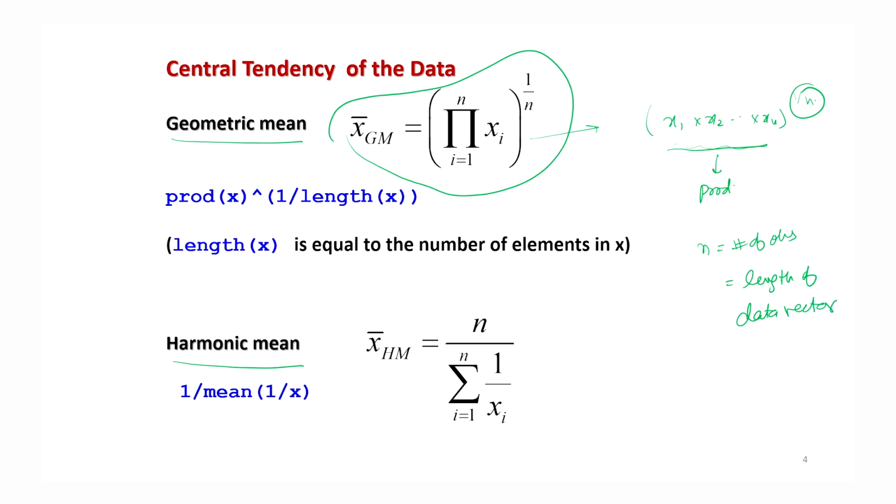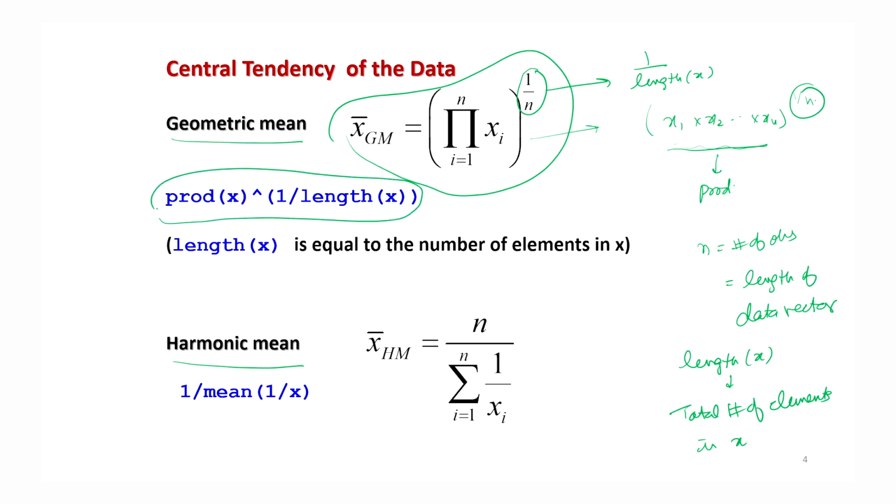There is a command in R called length, L-E-N-G-T-H, and if you write length(x), it will give you the total number of elements in x. So I can use this syntax to find the value of 1 upon n. So 1 upon n can be written as 1 over length of x. This is what I am writing here, and this will compute the geometric mean, right.